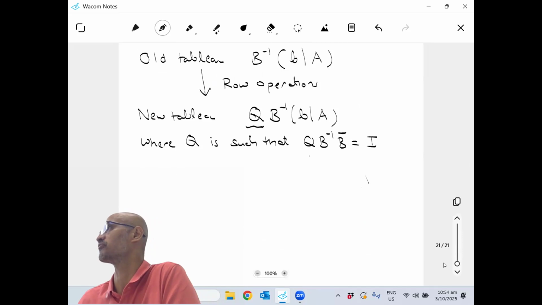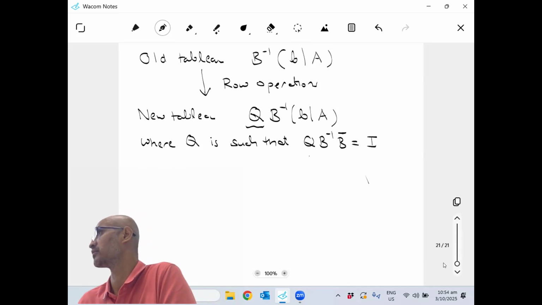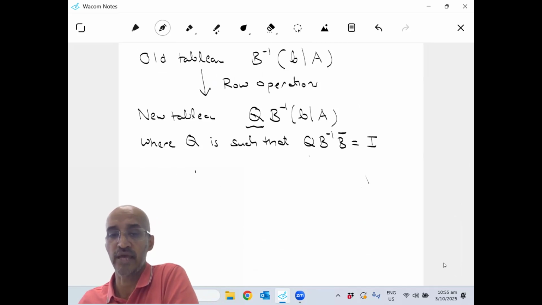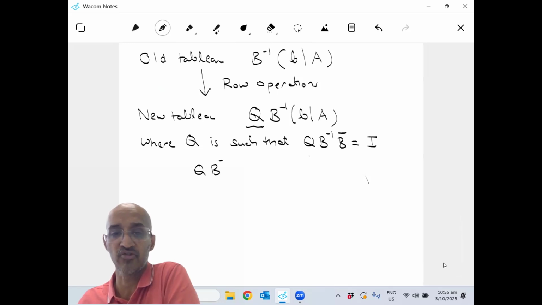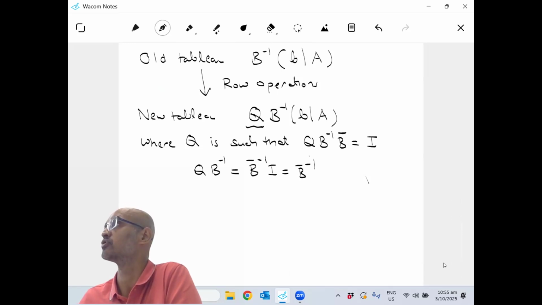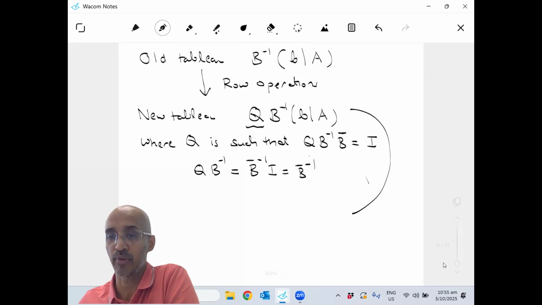These were our row operations. You agree? Then what does this mean? Because of course these basis matrices are invertible, Q B inverse has to be B bar inverse, which is nothing but B bar inverse. So what has my new Tableau become?